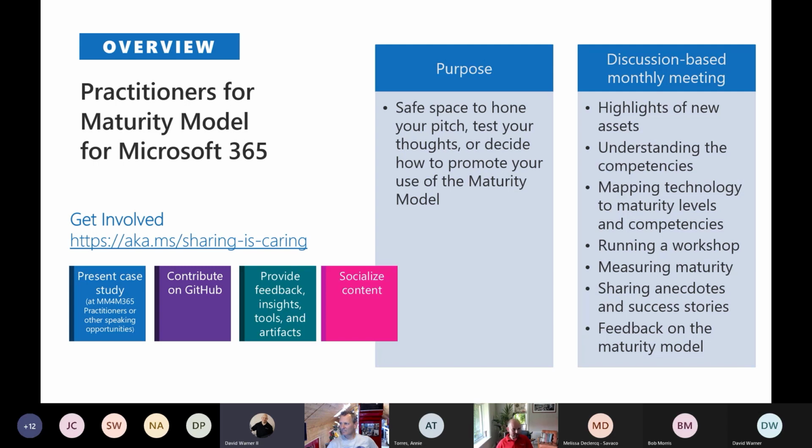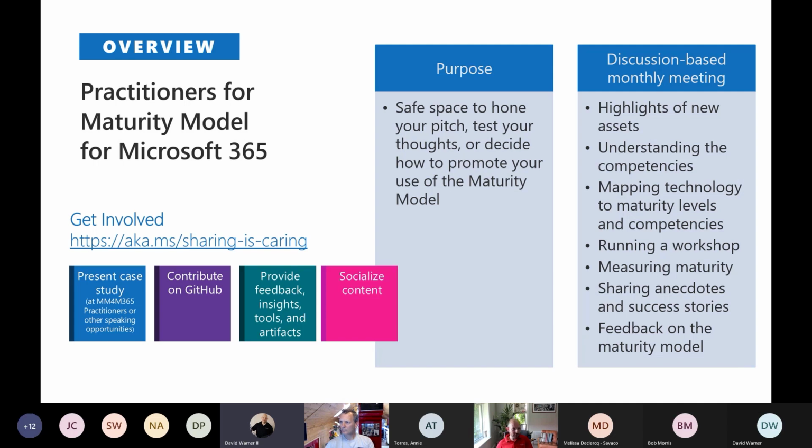If anybody fancies talking about how they've used the maturity model or aspects of it to get some benefit, or even if it was a nightmare and there was pain, I think that would be equally useful. We're available through GitHub. You can create Git issues and start discussions. So please get involved.